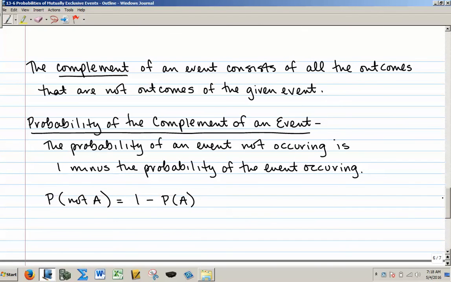The complement of an event consists of all of the outcomes that are not outcomes of the given event. So the probability of an event not occurring is 1 minus the probability of the event occurring. And that seems pretty obvious. If the probability of something happening is, let's say, 25%, then the probability that it's not occurring is going to be 100% minus 25%, or 75%.